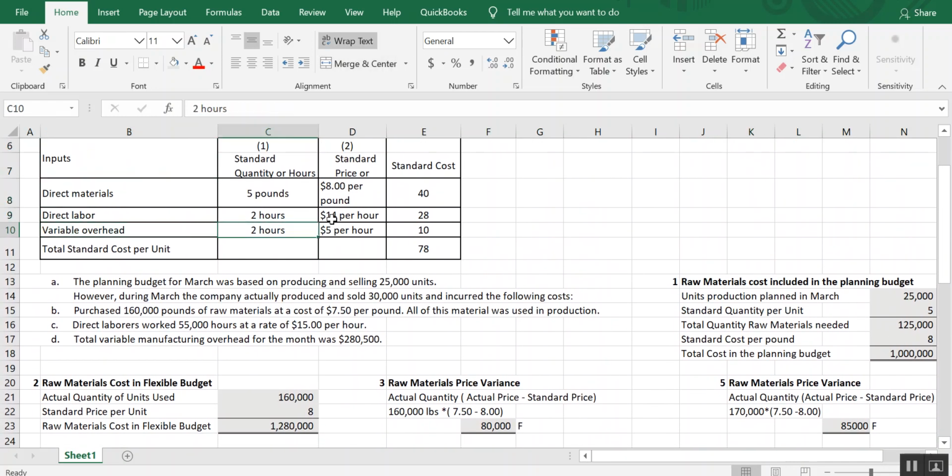We would take those 2 hours times the number of units we actually produced and sold.